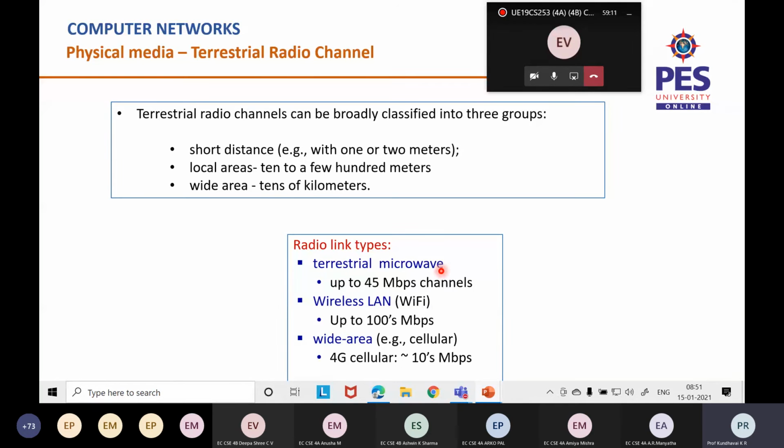If it's a short one, it's up to 45 Mbps. If it's a wireless LAN, it's up to 100 Mbps. If it's 4G or 5G, it's approximately whatever standards 4G or 5G follows. So these are the points that you need to note about the terrestrial radio channel.